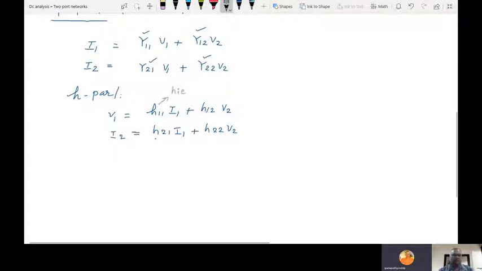Then what is H21? I2 by I1, the forward current gain. So this is similar to HFE.